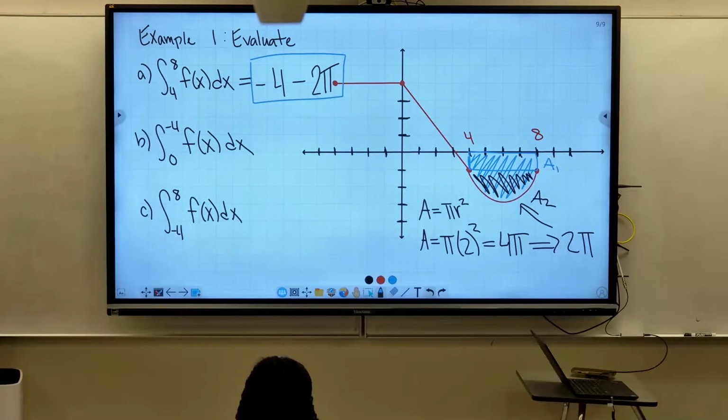All right, so now let's look at part B, the integral from 0 to -4. That seems super simple.